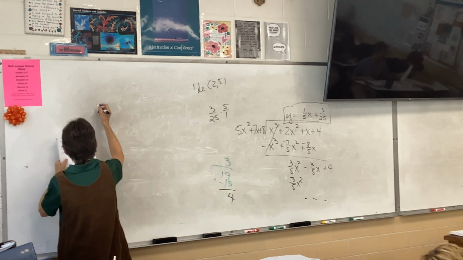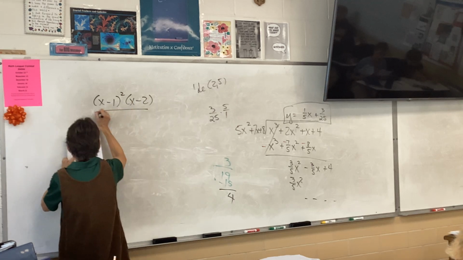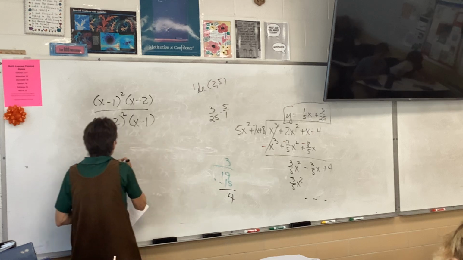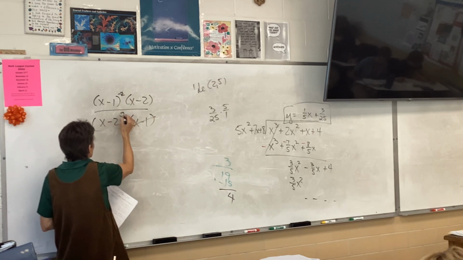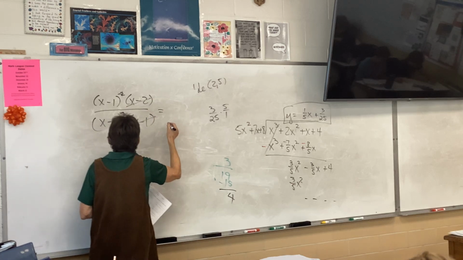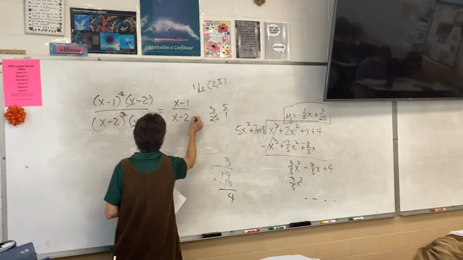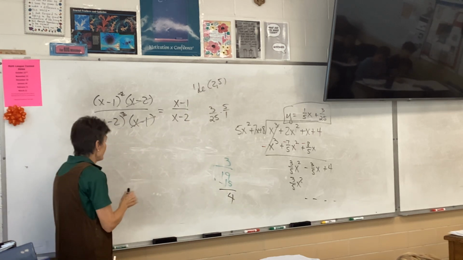Oh, and I don't even need to factor it because it's already factored. So I just need to cancel. So that will cancel. And that will cancel. So it looks like I'm left with x minus 1 over x minus 2. Is that what you see? All right.